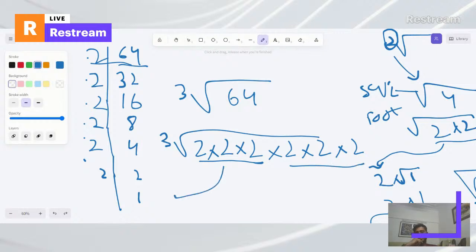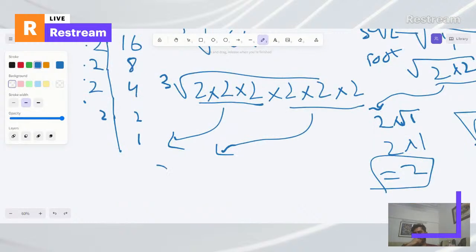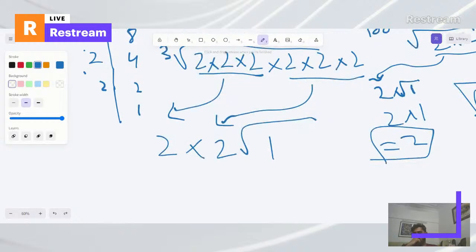So I'm going to take one out from each group. One from this group, one from this group. What am I going to be left with? One, right? So as I told you, the root of 1 is 1. So the final answer would be 4.